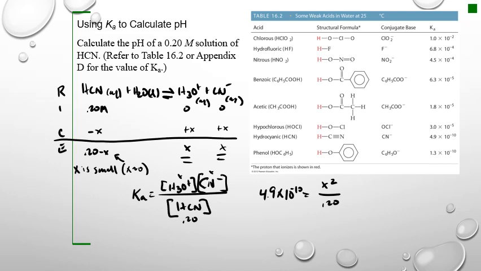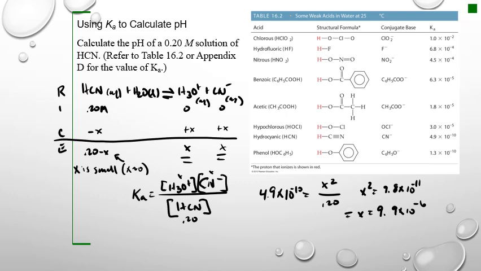Now I can solve by simply multiplying this out. I multiply 4.9 E negative 10 by 0.2 to get the 0.2 out of the denominator. That gives me x squared equaling 9.8 times 10 to the minus 11th. If I take the square root of that, I end up with x equaling 9.9 times 10 to the negative 6.